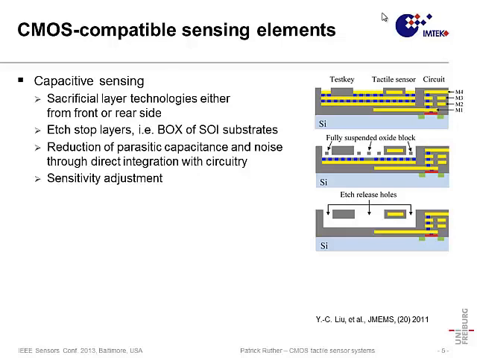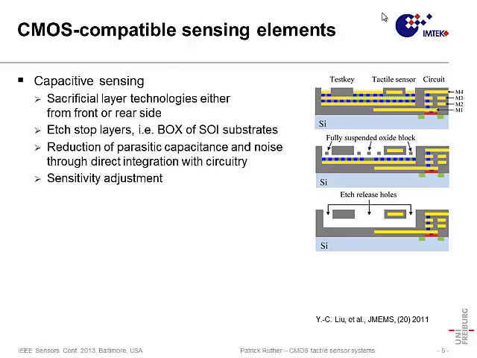Again, as we combine the electronics together with the sensing elements, we can reduce the parasitics and improve the noise performance. But of course, looking at the capacitive sensing elements, if you make the capacitance too small, you get real problems in view of noise, although the power consumption of these devices is highly beneficial.